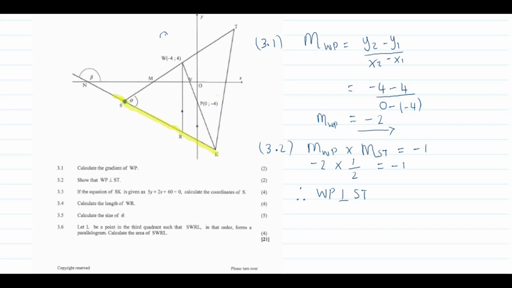So how do we calculate the coordinates of S? What's the most important thing that's happening at our point S? Let's look at our diagram and try to figure out if there's something important happening at point S. The important thing is that we've got line SK intersecting with line ST. So at point S, we've got two lines that are intersecting.